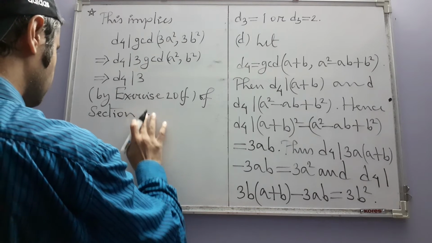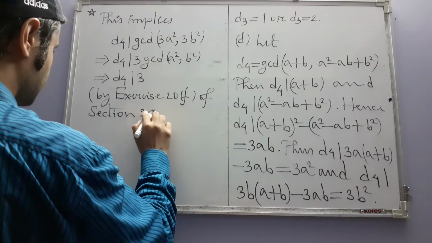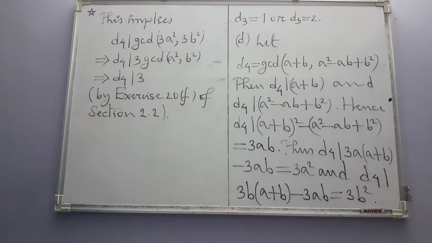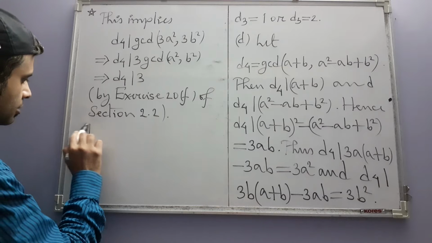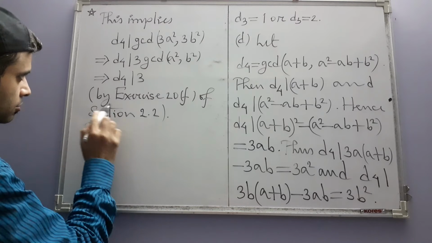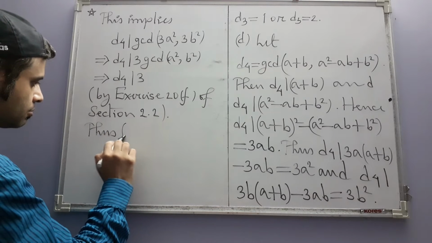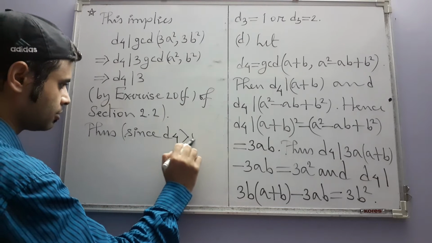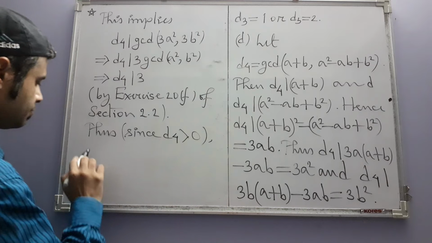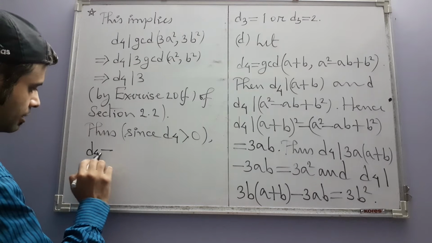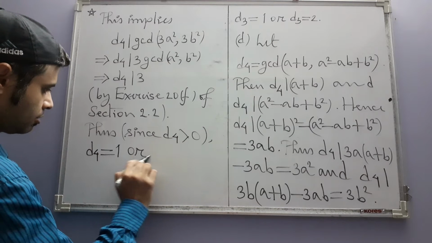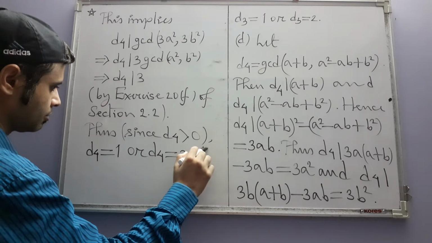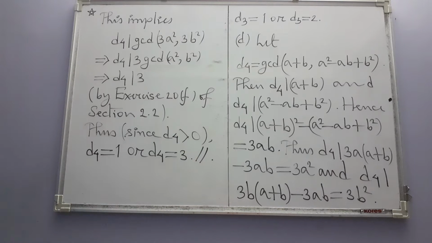No, it's 2, because we are still in the second chapter. Thus, so now again like before, since d4 is greater than 0, this is either equal to 1 or it is equal to 3, and this completes the solution.